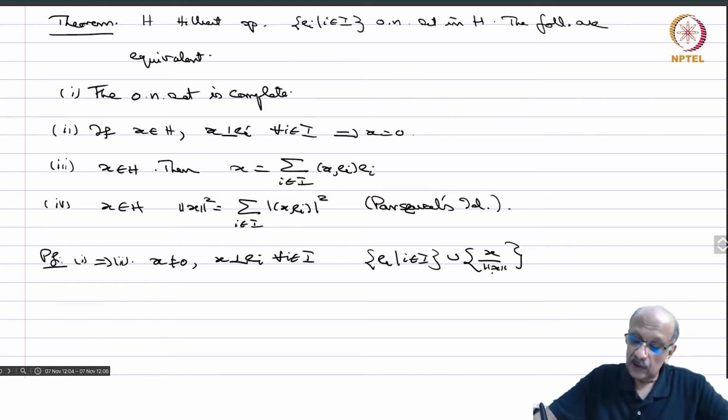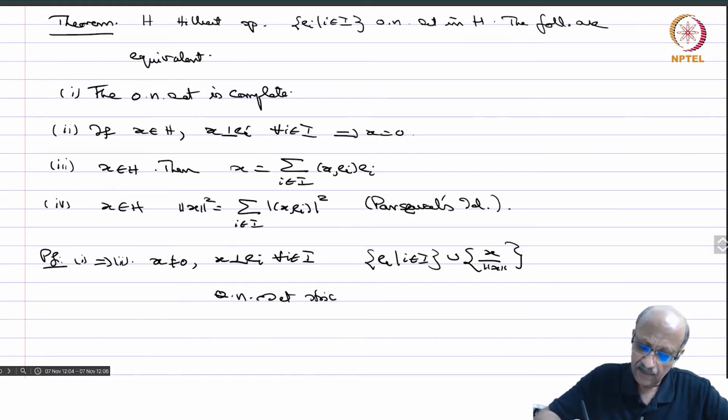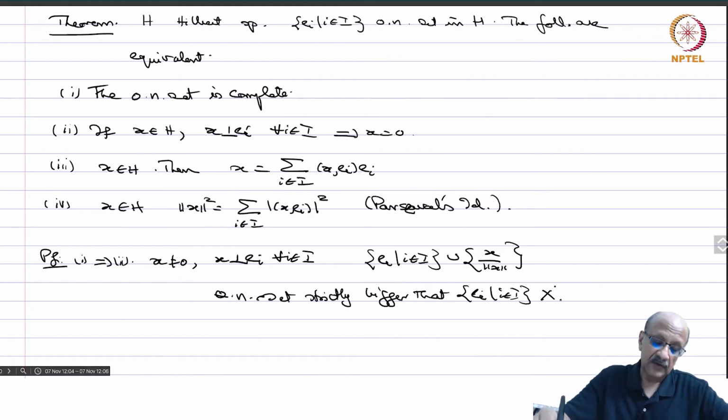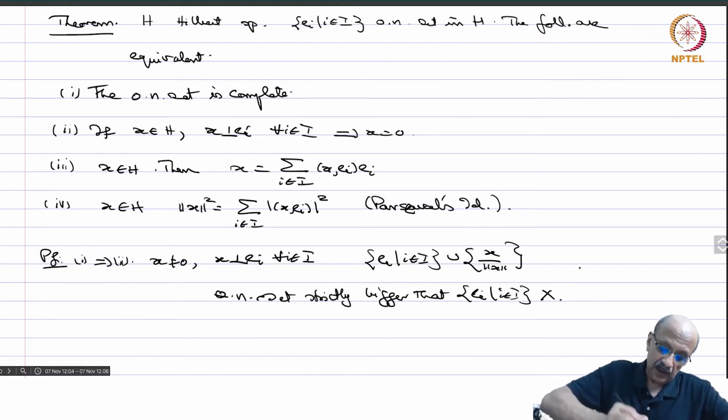This is again a unit vector and it's orthogonal to all of these. So this is an orthonormal set strictly bigger than e_i, i in I, and that's a contradiction because we know that it is complete and therefore maximal. So you cannot have something bigger.